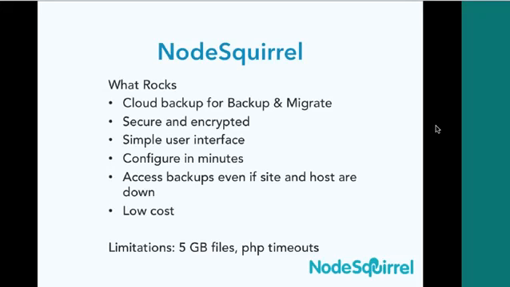It's a paid service, and if you use it, NodeSquirrel becomes the storage service for your Backup and Migrate backups. As you mentioned, it's secure and encrypted. I think the phrase is encrypted at rest, right? Yeah, it's encrypted over the wire, and it's encrypted at rest.